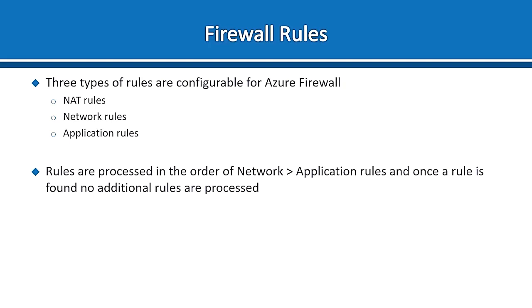Rules are processed in the order of network, then application rules, because network and application control whether something's allowed, while a NAT rule is all about translation, so that doesn't really fit in here. So network first, then application, and just remember, once a rule is applied, then no additional rules are going to be processed by the firewall.